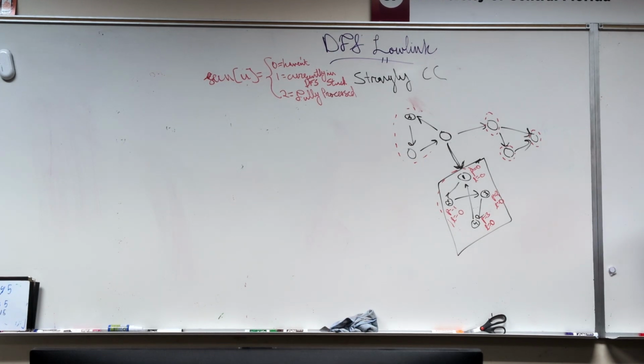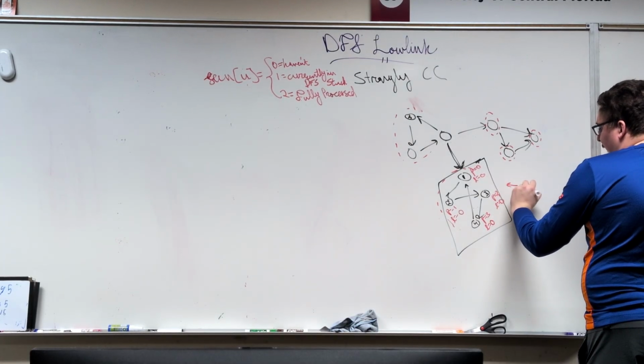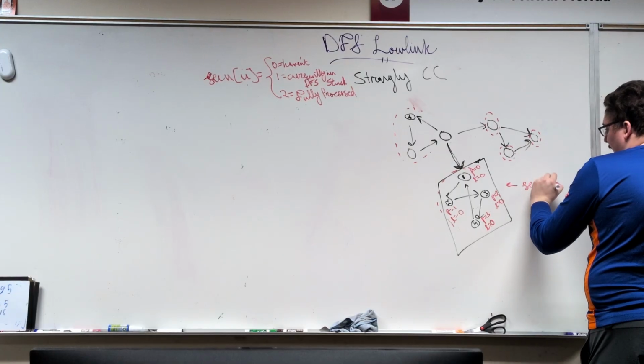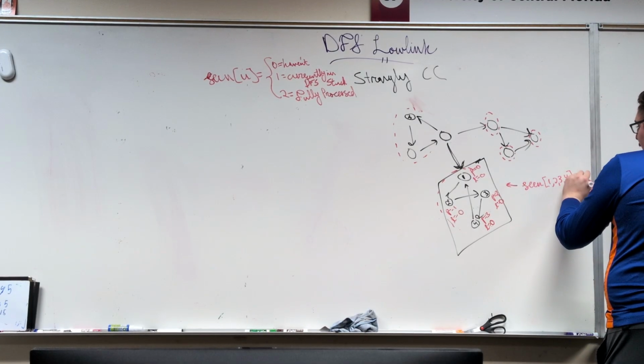So we're going to use the same condition mentioned earlier for 2 ECCs, of if our pre-order is equal to our low link. But now, we say that for each of these nodes, we finish processing these, so scene of 1, 2, 3, and 4 are all equal to 2.